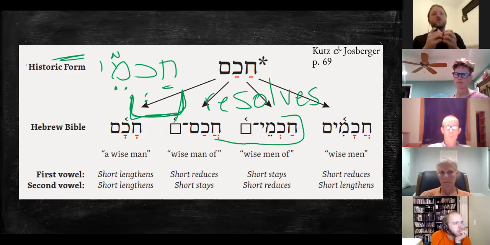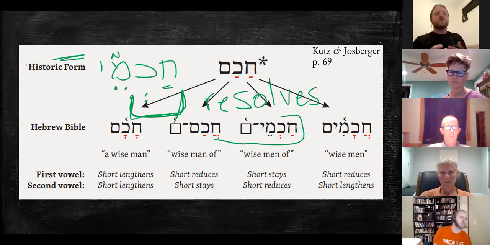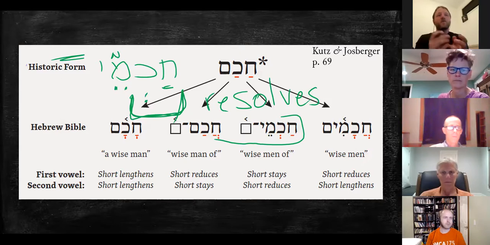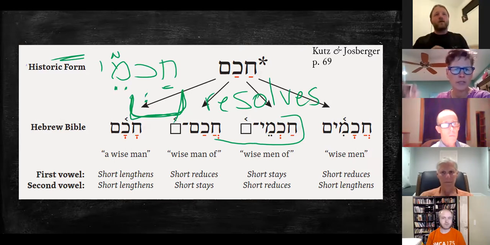I don't know if it strikes you how important this is, but this is something that I didn't learn until last year, and it explains why the vowels sit the way they do. I simply memorized Chachme haaretz and Chachamim, and I memorized the forms. I didn't know that there were rules, and it's really eye-opening.